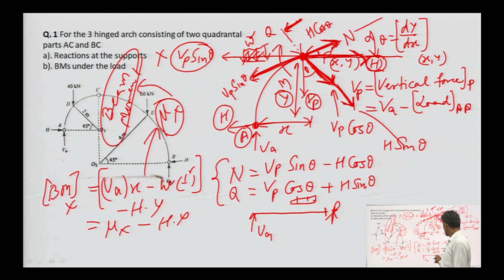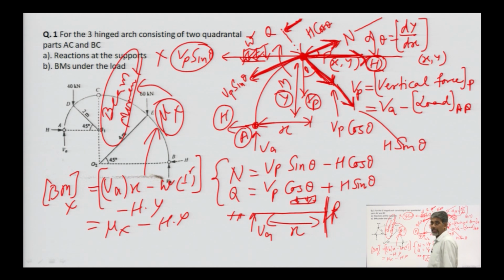So, beam moment we can calculate very easily. Consider it as a horizontal member. So, V a into perpendicular distance x, minus whatever is the load here. If load is not present, then it will be neglected, okay.